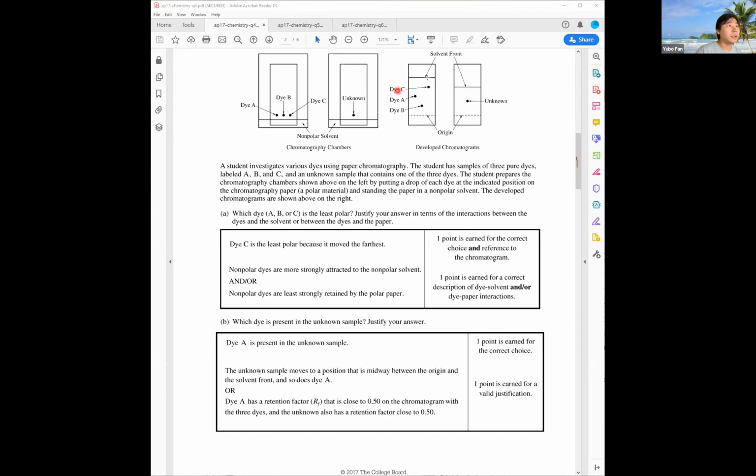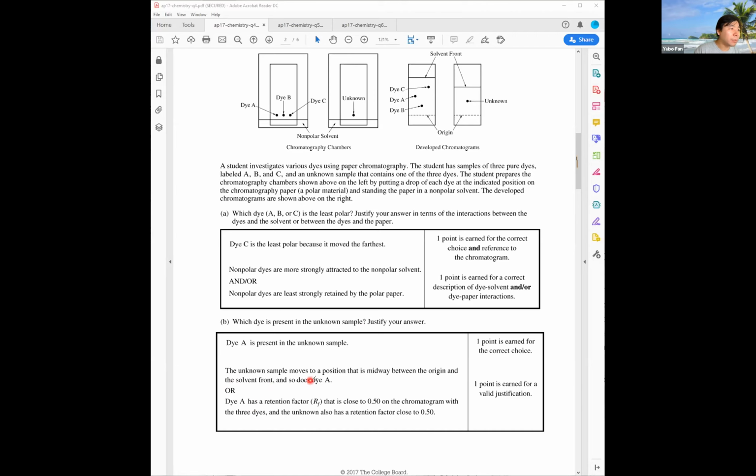And of the three dyes, the closest one is dye A, which is also in the middle of origin and solvent front. Okay? So then you can explain like that. Dye A is present in the unknown sample. Then you need to justify.